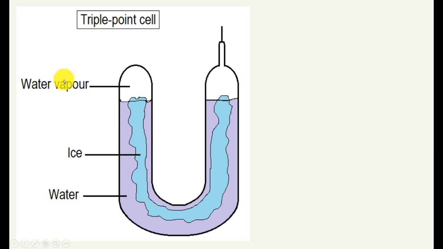That temperature is what we call the triple point of water, and it corresponds to about 0.01 degrees Celsius or 273.16 kelvin. That is the triple point of water.